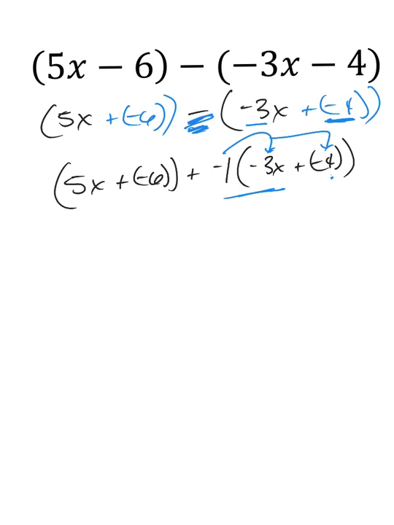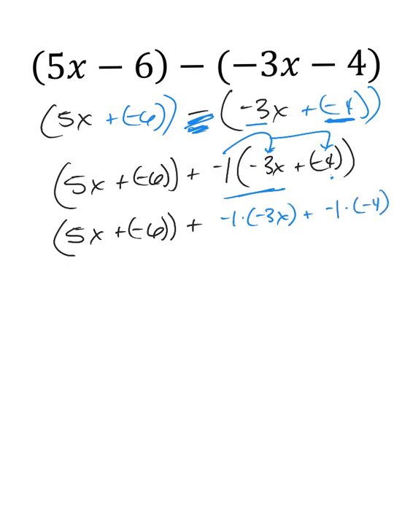So we're going to have 5x plus negative 6 plus negative 1 times negative 3x plus negative 1 times negative 4. And once I've made it all addition, I can drop my parentheses, since all these terms would be unlike terms.